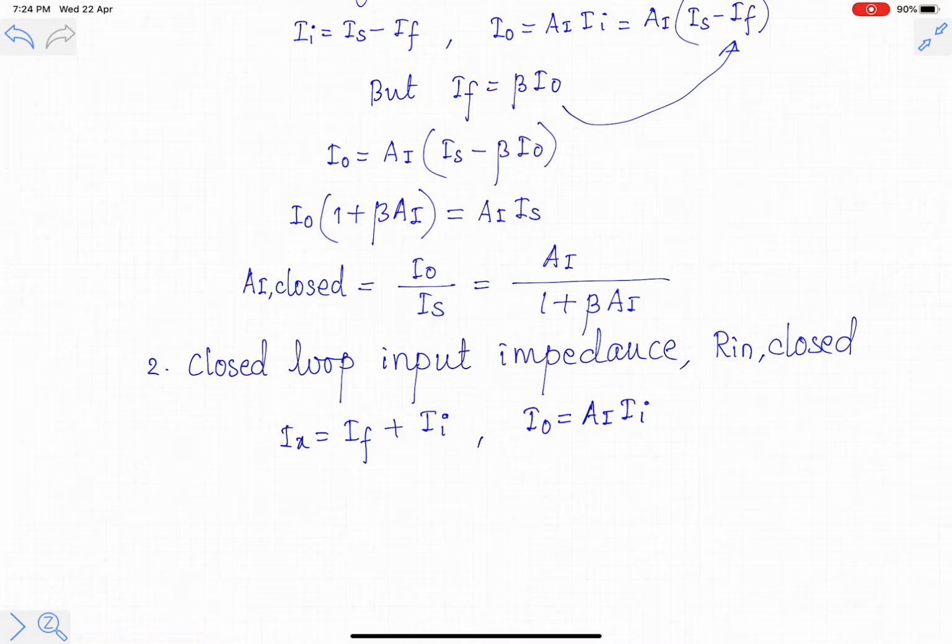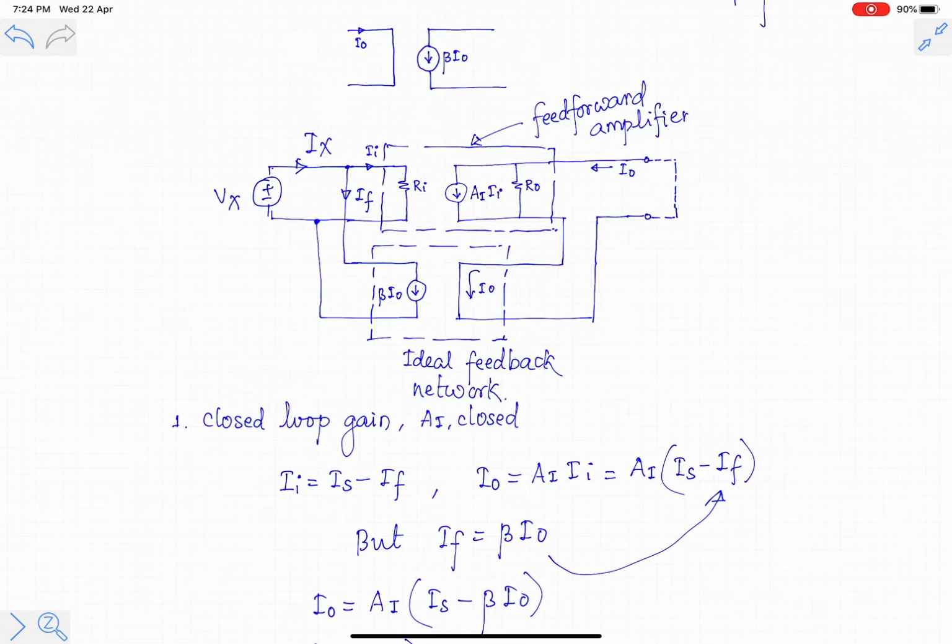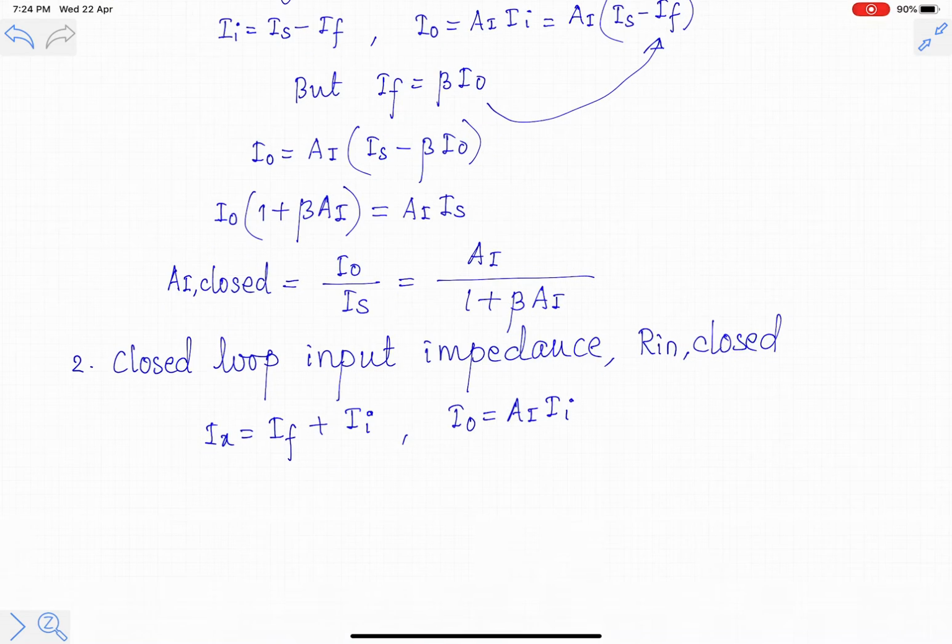And IF is equal to beta into IO, which is equal to beta into AI into II.